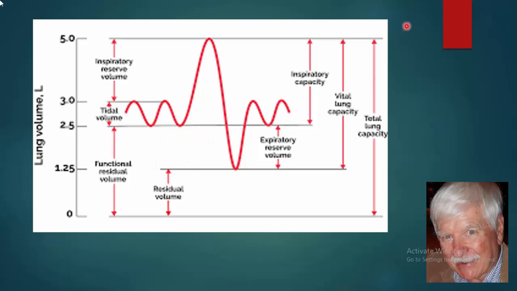Where is it? Oh, here it is, vital lung capacity. See, is the expiratory reserve volume plus the tidal volume plus the inspiratory reserve volume. That's that one. And the total lung capacity is the inspiratory reserve volume, the tidal volume, the expiratory reserve volume, and the residual volume all added together.